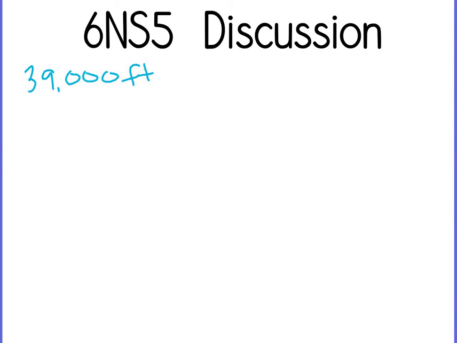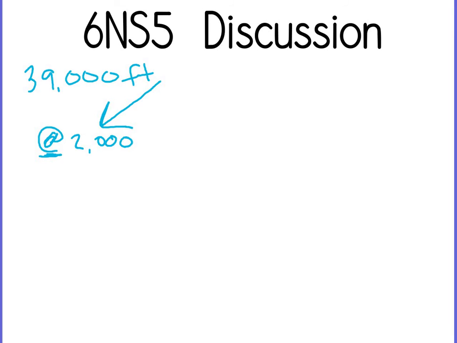But then one of the next things it tells us is that our plane descended, so it went down. And now we're at 2,000 feet. Well, because it's telling us that we are at 2,000 feet, that means that 2,000 is actually positive because that's where we're at.